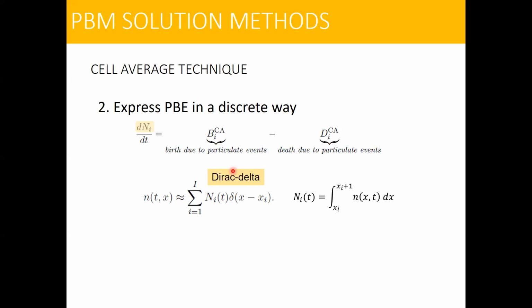The Dirac delta function is a function that is zero everywhere except one point. And at that point, it can be thought of as either undefined or as having an infinite value.